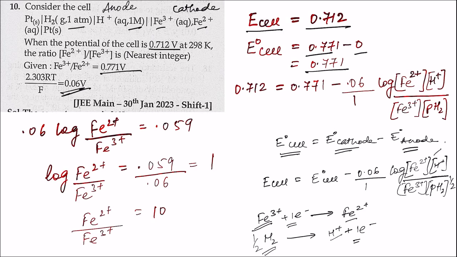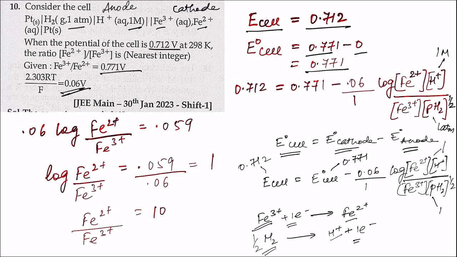Concentration of H plus ions is 1, partial pressure of hydrogen is 1. So final equation becomes E naught cell is 0.771, E cell is 0.712. This is partial pressure of hydrogen raised to the power half. This is 1 M. This is 1 atmosphere.